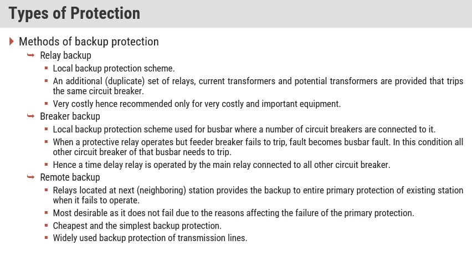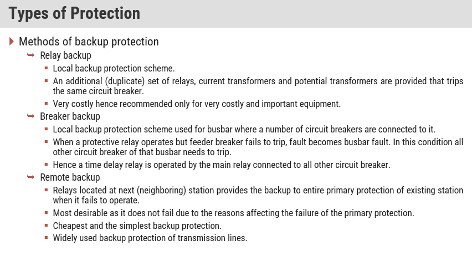Then we have remote backup. Relays located at the next station provide backup to the entire primary protection of the existing system when it fails to operate. So if the previous station fails to operate, its next station will take charge and open the contacts and the circuit breaker, so that we have a healthy system.